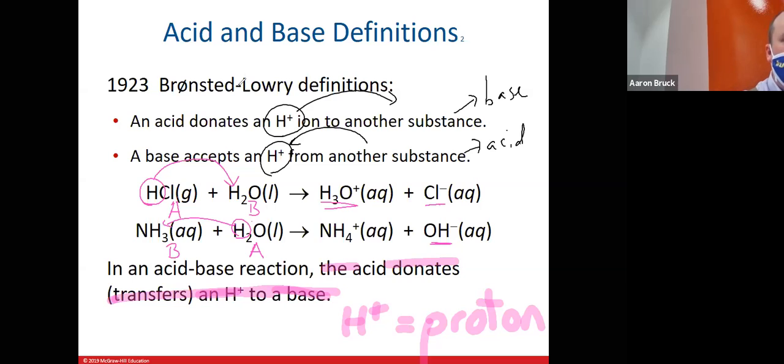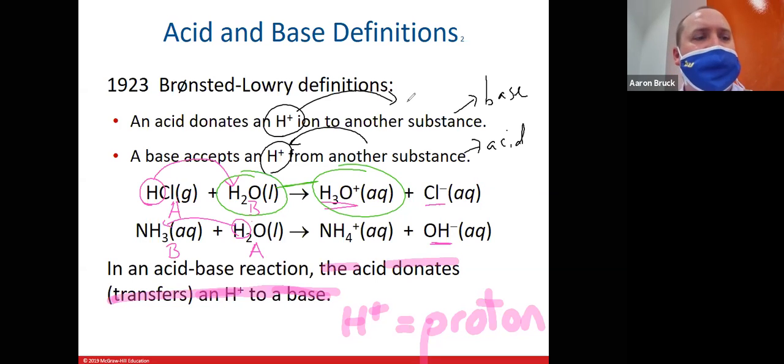And so the other thing that we can pull off of this is that under this definition of acids and bases, we will tend to see pairings take place. So, for example, water and hydronium, that is a matched pair. The only difference between them is the gain or loss of an H+.